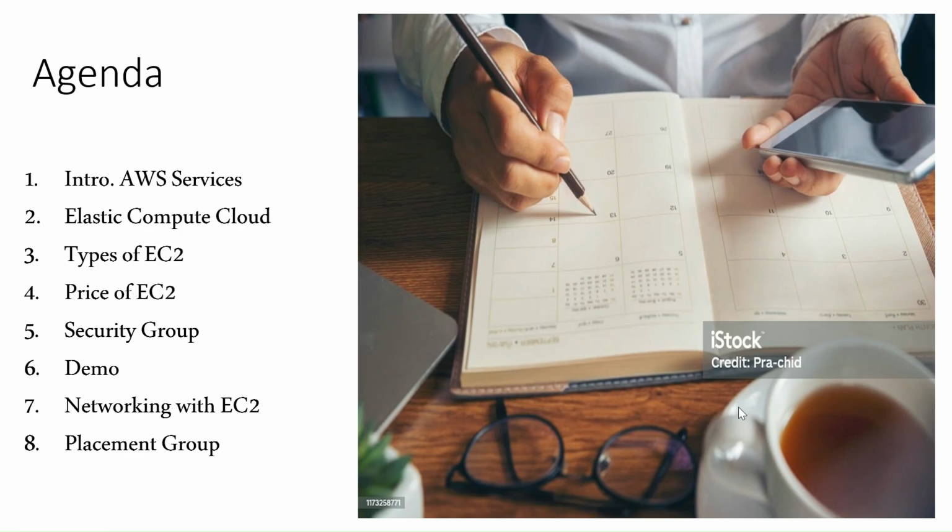Then security group, which is the crucial element when we create an EC2. Then I'll give you a small demo about how to launch the EC2 and how to provision it. And then we will discuss the networking with the EC2 servers. And then at last we're going to see the different placement groups available in AWS for EC2.